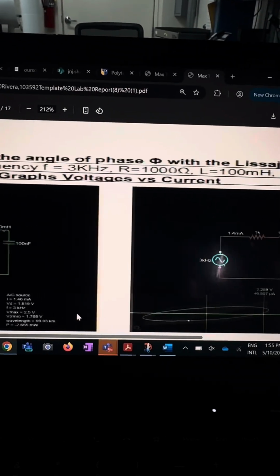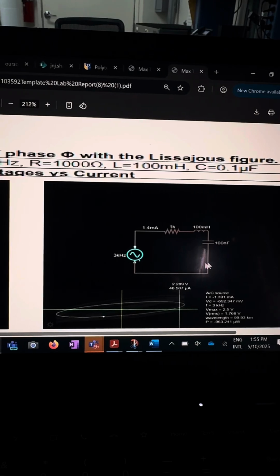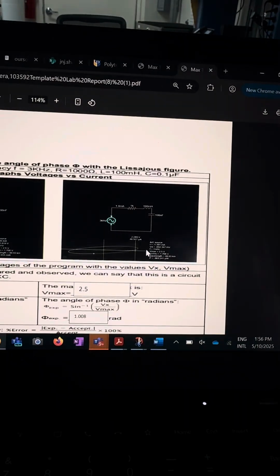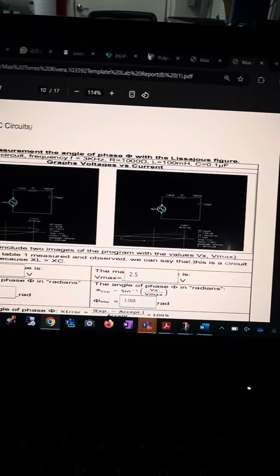I also did 2 images of different behaviors on the diagram, like it was asked on the table. Include 2 images of the VX and Vmax values.